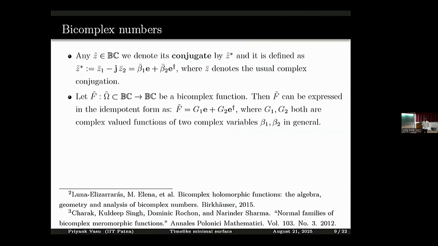So now we are ready to define functions on the bicomplex plane. A function is also defined in the idempotent representation: a function f tilde can be written as g1 e plus g2 e dagger, where g1 is in general a function of beta 1 and beta 2, and g2 is again a function of beta 1 and beta 2.